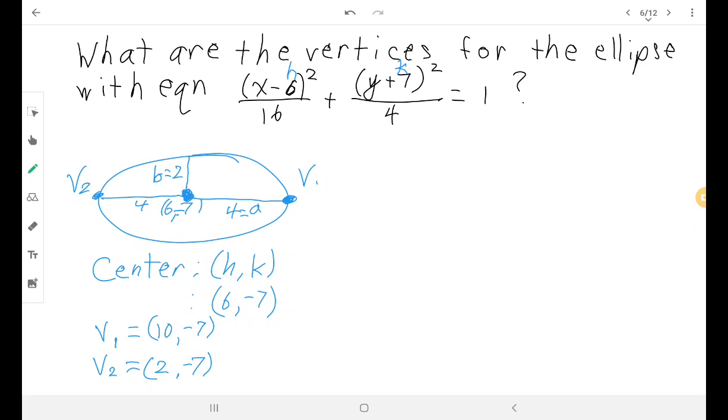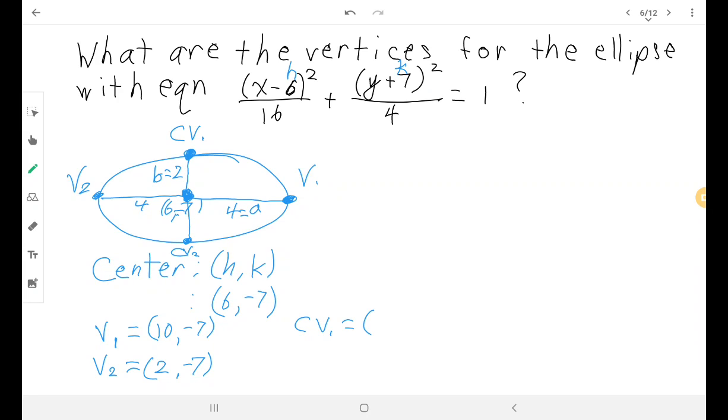Now, you could do your co-vertices also, or your minor vertices, CV1 and CV2, and you could do the exact same thing, right?